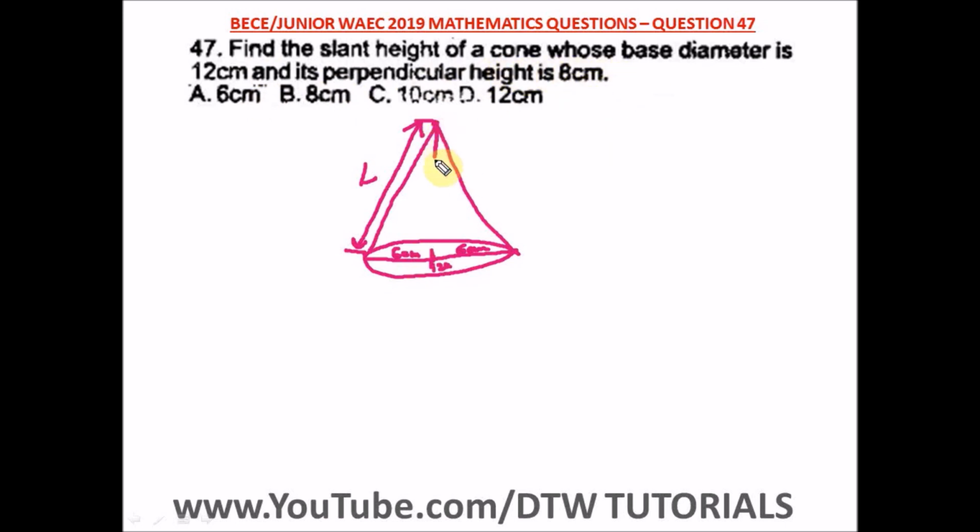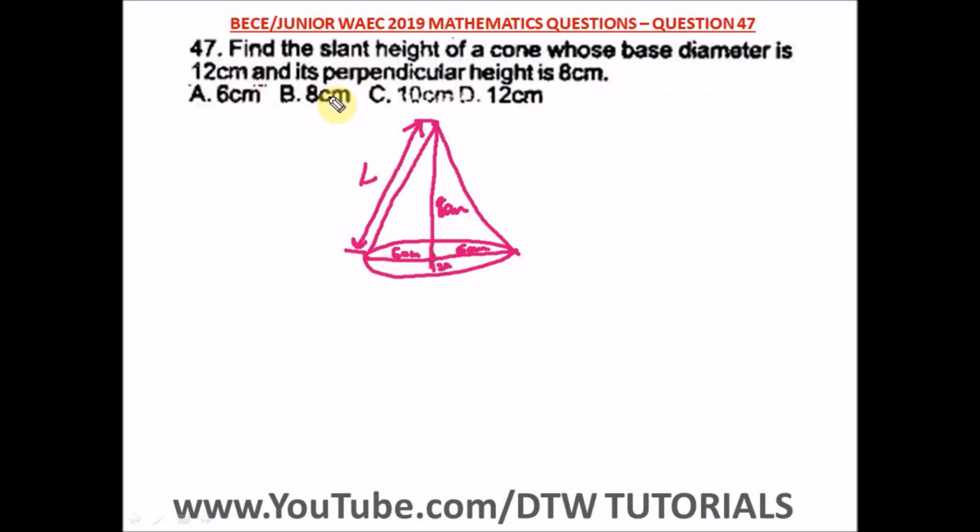This is the perpendicular height. That's a line from the top of the cone to the center of the base of the cone. So the perpendicular height is 8 centimeter, and we know our radius as 6 centimeter.